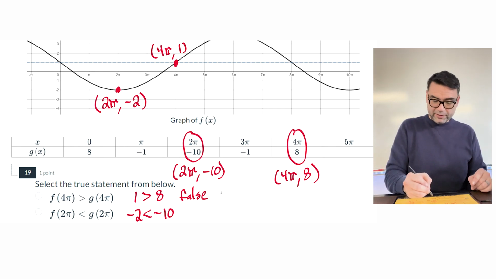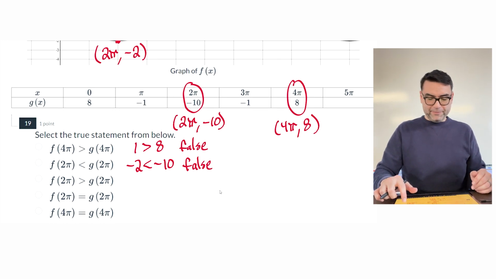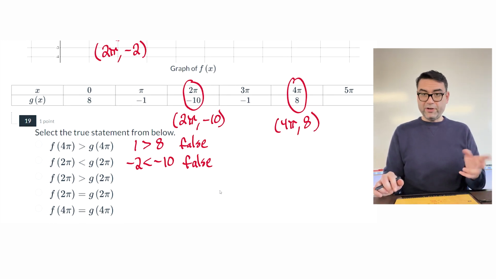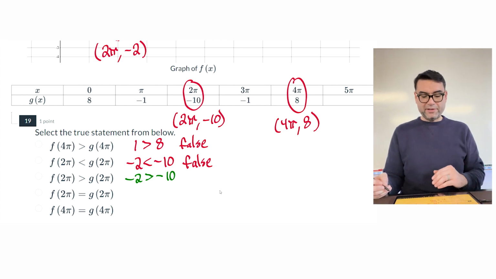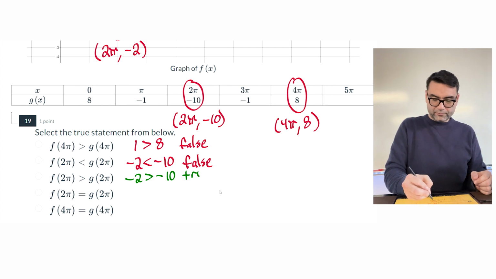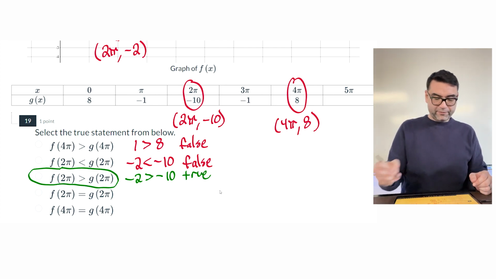It's greater, so that's also false. Okay, let's check the next statement. Well, the next statement is just reversed. So that would be the same values, right? This would be -2. But now we're asking if that's greater than -10. Well, if -2 less than -10 is false, then if you flip the inequality, it's true. So that's our answer. This for sure is true.